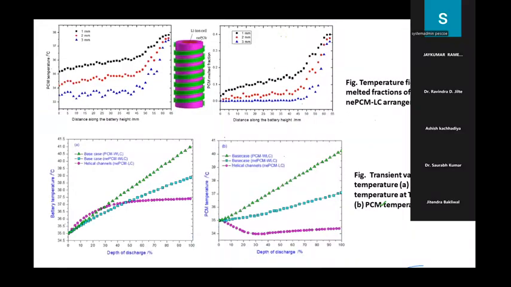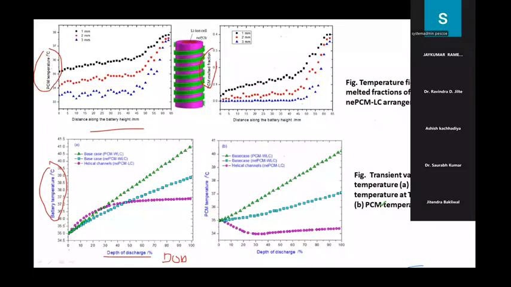Again, you try to extract as much information as possible about the temperature, in terms of phase change material temperature variation across the battery, or melting fraction, that is, how much of the phase change material gets melted, or the battery temperature, which changes as per the depth of discharge, which we call DOD.